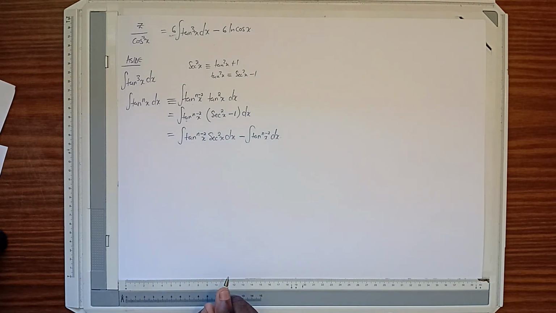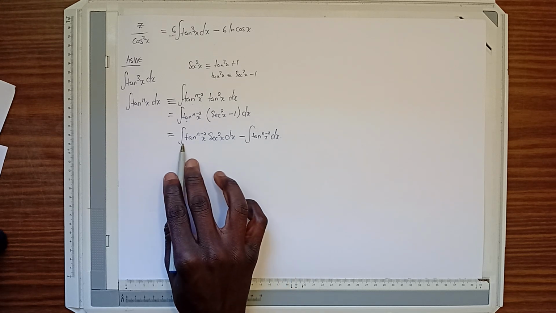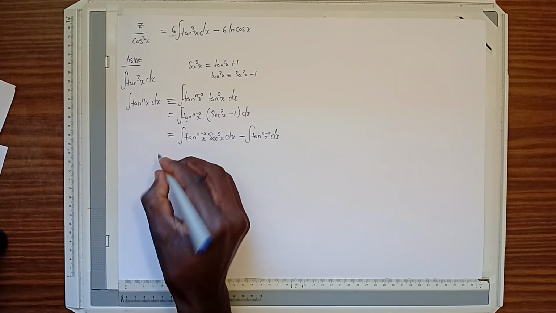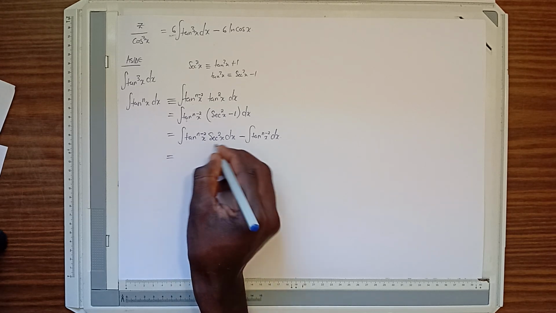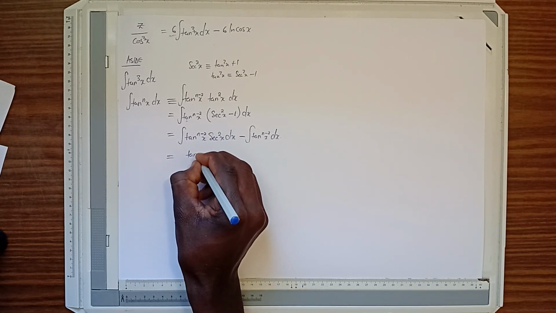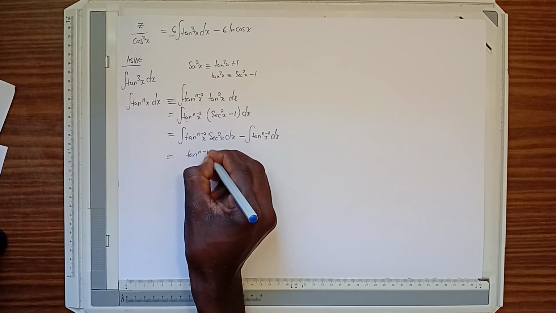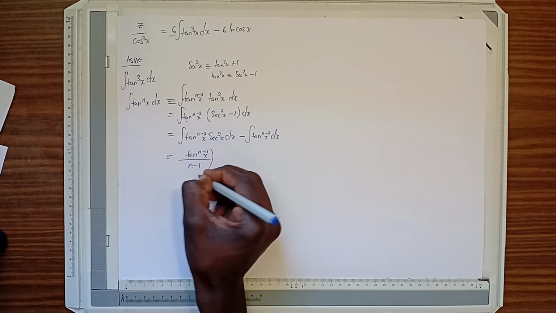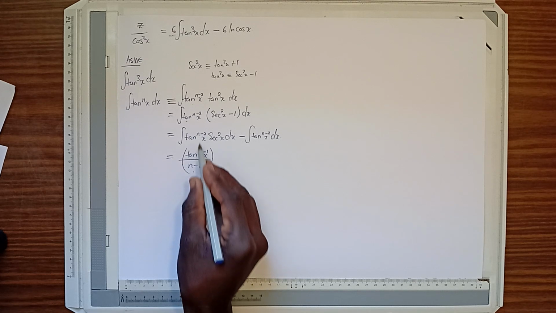So now we have to find a function that we differentiate to get this one. This function is tan to the n minus 1 of x over n minus 1. If we differentiate this one, we get this one.